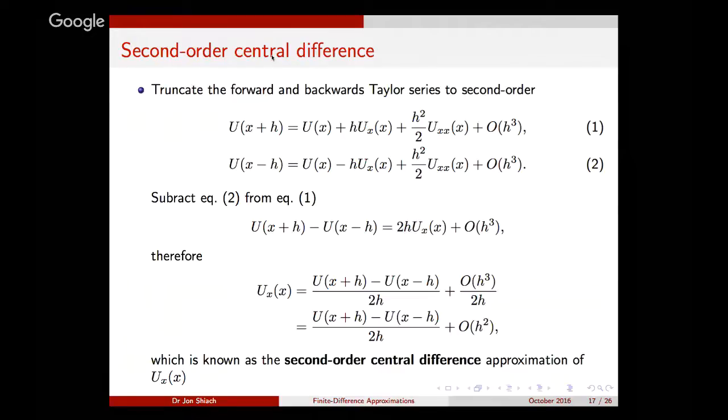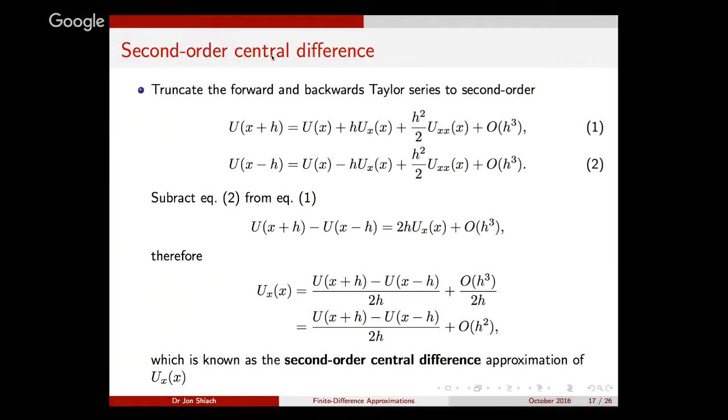If I subtract the backwards Taylor from the forward Taylor, I get this. As you notice here, we've eliminated those two terms, and we've eliminated those two terms. But you can see we've still got big O(h to the 3). Rearrange to make the first order derivative the subject, and we get this.